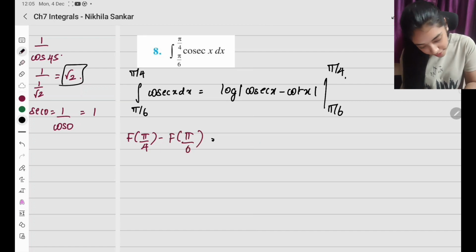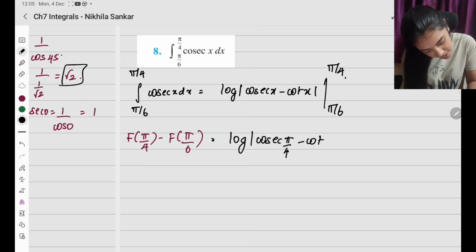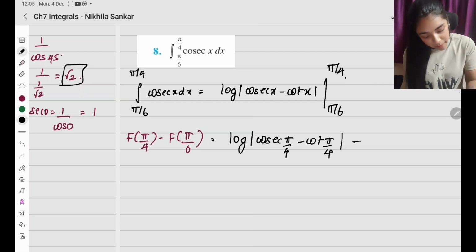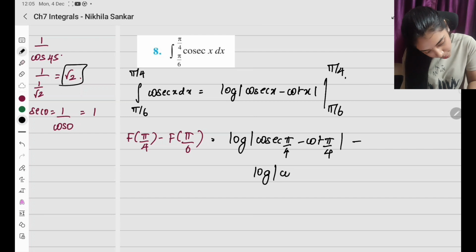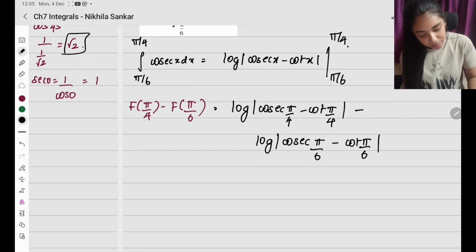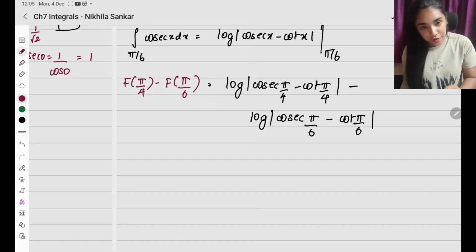When I substitute the values, f of pi by 4 first. So log mod cosecant pi by 4 minus cot pi by 4, minus, now I am going to substitute pi by 6. So log mod cosecant pi by 6 minus cot pi by 6. Okay. So let us find the values for each and every term.